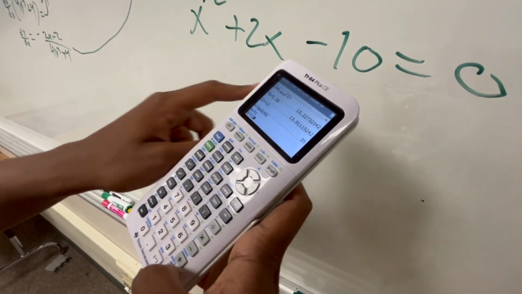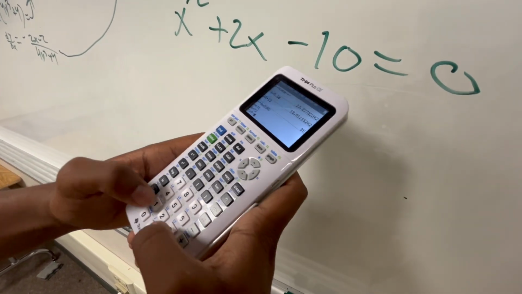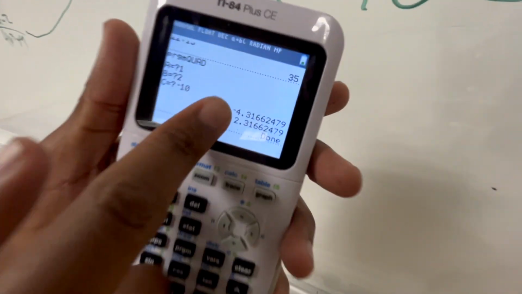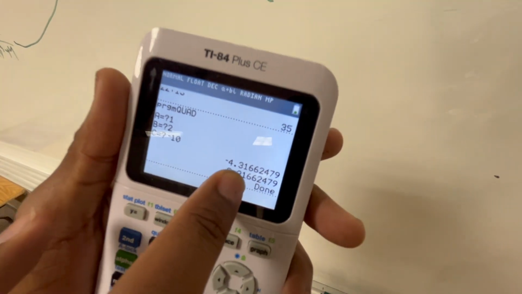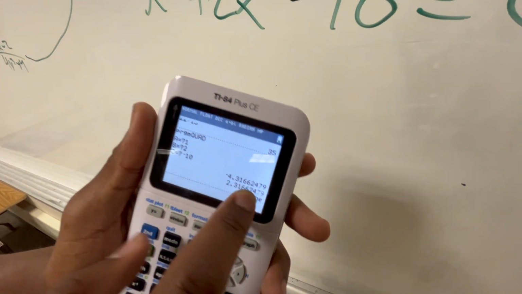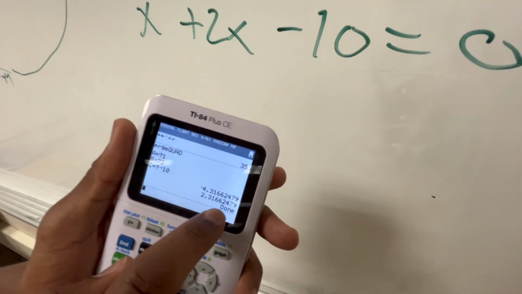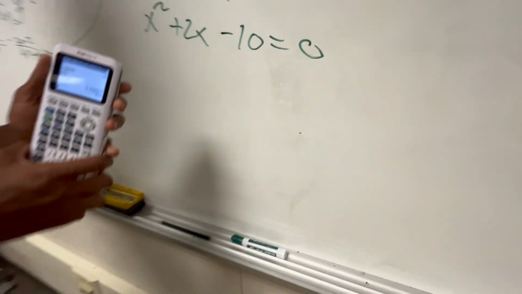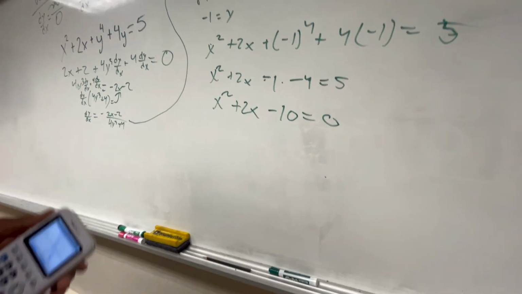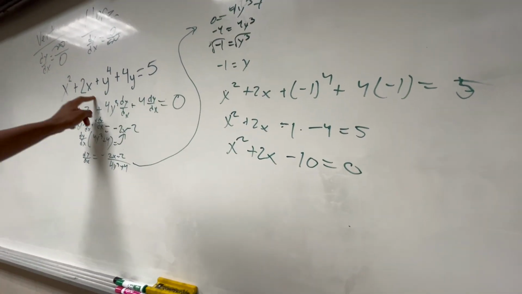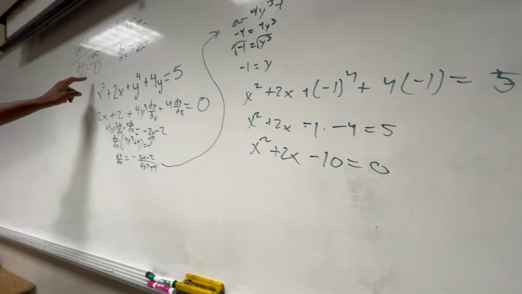B, 2. C, negative 10. And boom. The numbers are negative 4.317 and 2.317.